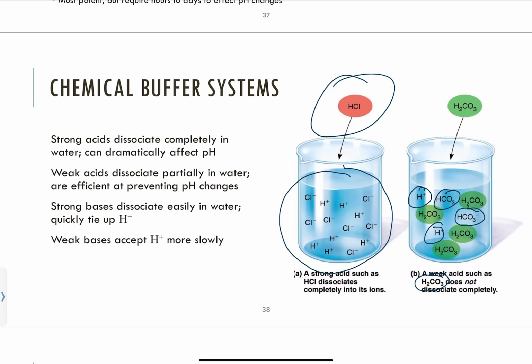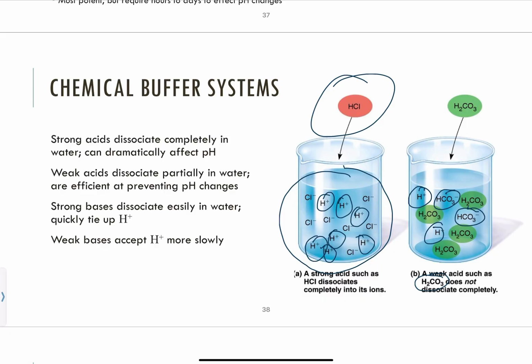So if you remember what the pH scale is, the pH scale is the negative logarithm of the hydrogen ion concentration. The higher the hydrogen ion concentration, the lower the pH and the more acidic something is. So if we look at the hydrochloric acid when it's in water, we produce a high number of hydrogen ions, which means this is a very strong acid and would have a very low pH because it has a high hydrogen ion concentration.